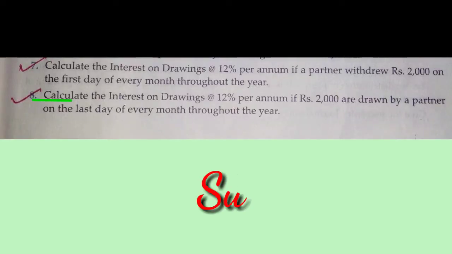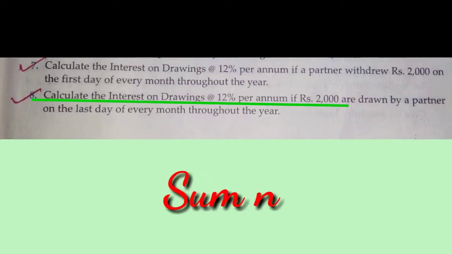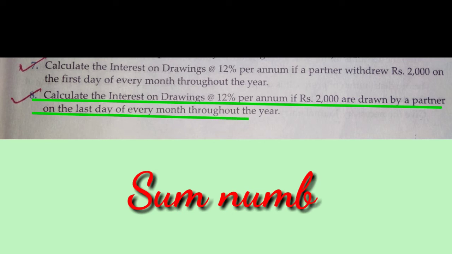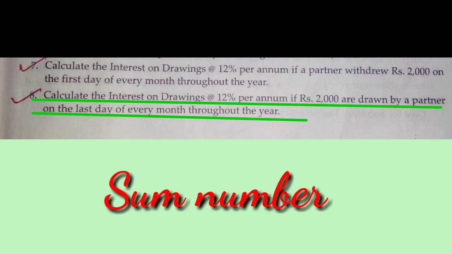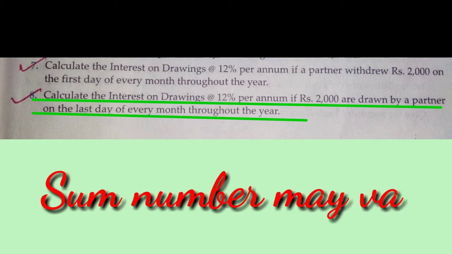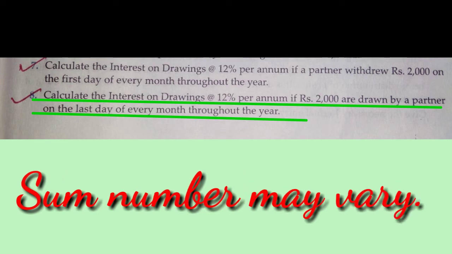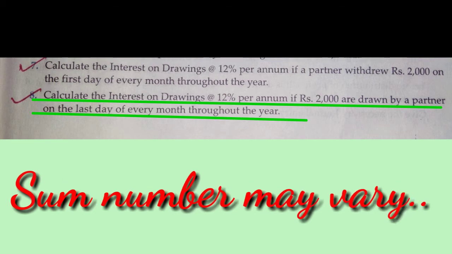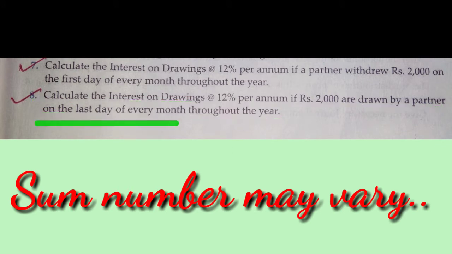In the next sum, they have asked to calculate the interest on drawings at the rate of 12% per annum if rupees 2000 are drawn by a partner on the last day of every month throughout the year. In the previous sum, the partner drew on the first day of every month throughout the year, and this sum says that the partner withdraws the money on the last day of every month.